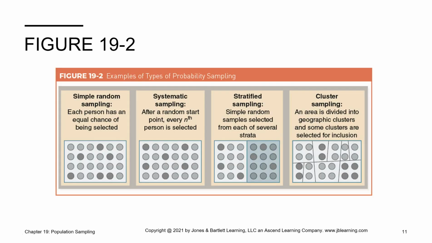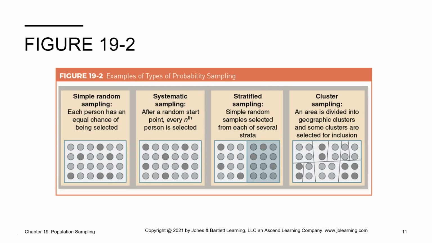So figure 19.2 goes over these different types of probability sampling. Starting off here on the left, this is simple random sampling. Each person has an equal chance of being selected in the population. Next, we have systematic sampling. And here, after a random start point, then every nth person is selected.